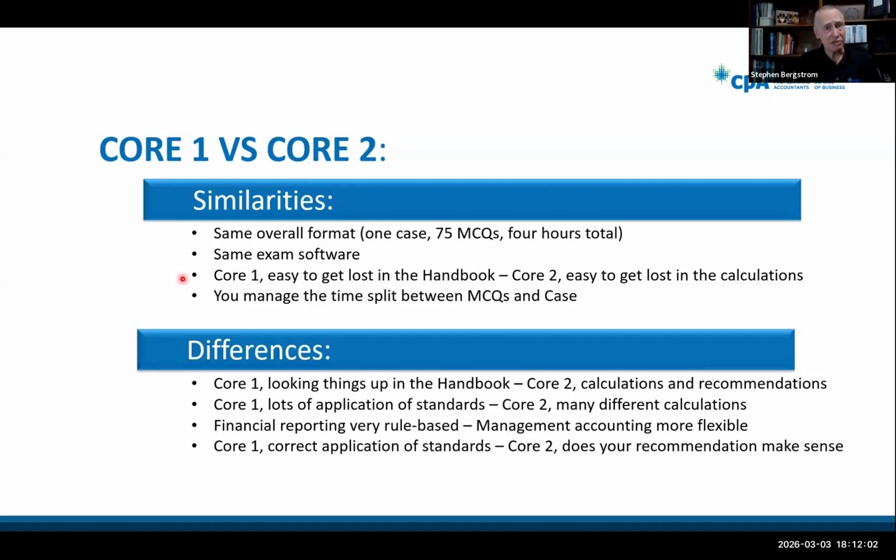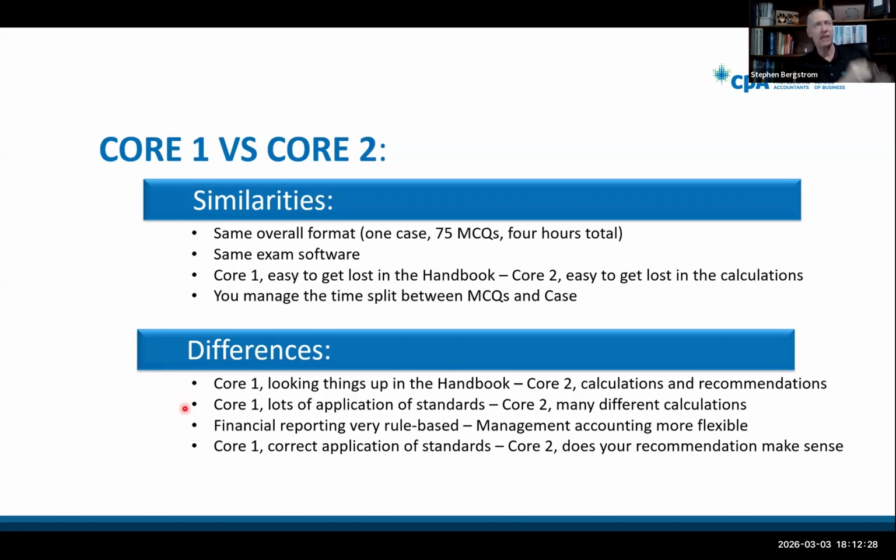There are some significant differences between the two exams. In Core 1, you spend a lot of time looking things up in NOTIA, looking things up in the handbook, the auditing standards, the tax act, whereas Core 2 tends to be more focused on all the different calculations. In Core 1, you're applying the accounting rules.